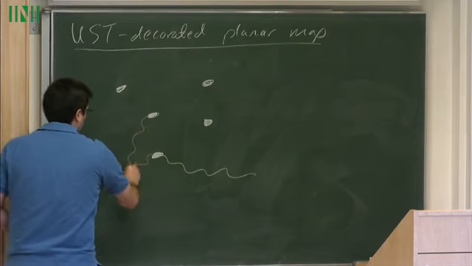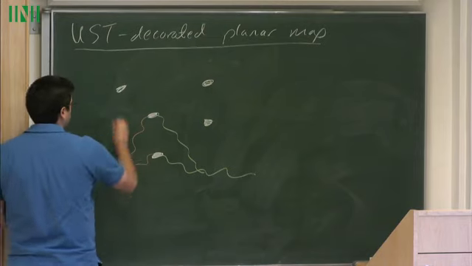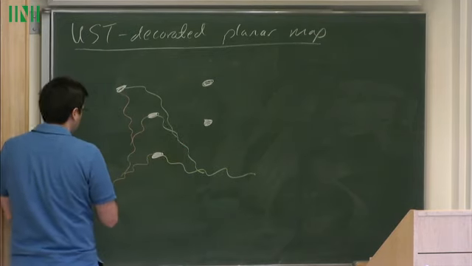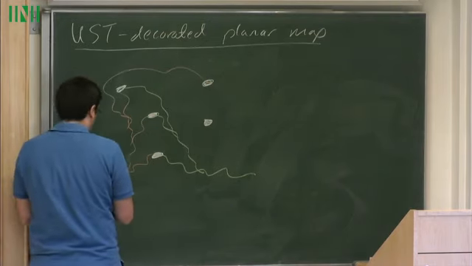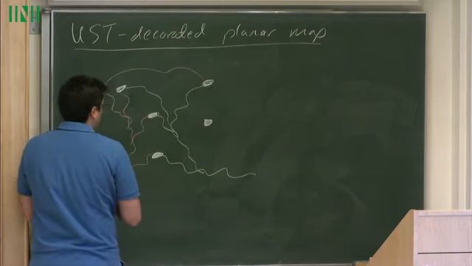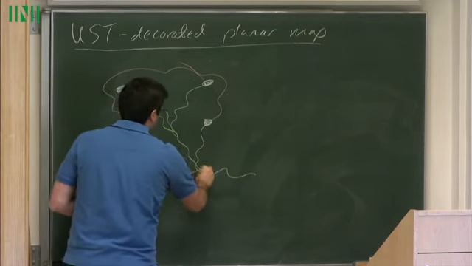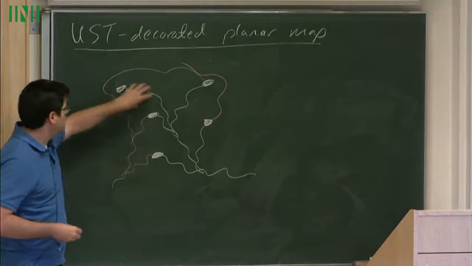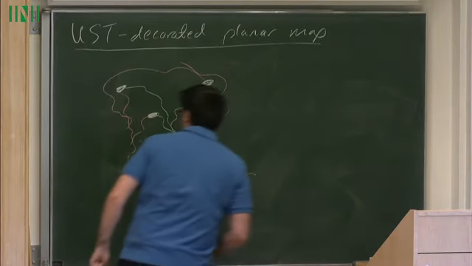Okay. So what this is going to do is divide your planar map into a collection of cells. Okay, and each cell, depending on how many points you choose, is going to contain some number of vertices. But you have this kind of picture where I've taken my planar map and coarse-grained it by dividing it into these cells, which are separated from each other by branches and dual branches of the spanning tree and dual tree.